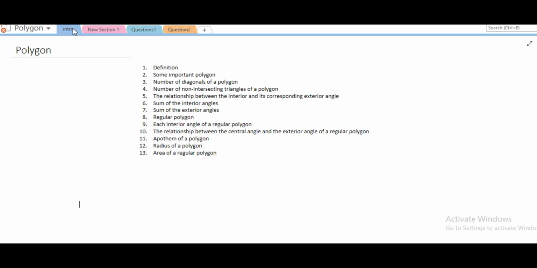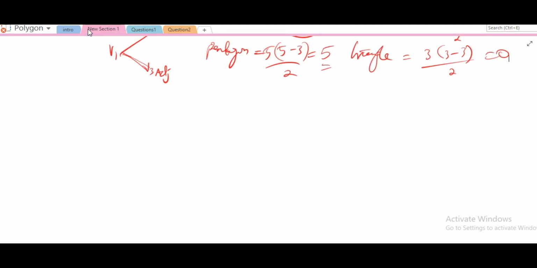subheading is the number of non-intersecting triangles. So this will also help us to get the sum of the interior angles. So you notice that for a quadrilateral, a 4-sided polygon, we have 1 and 2 non-intersecting triangles. We don't join, so this is 2.